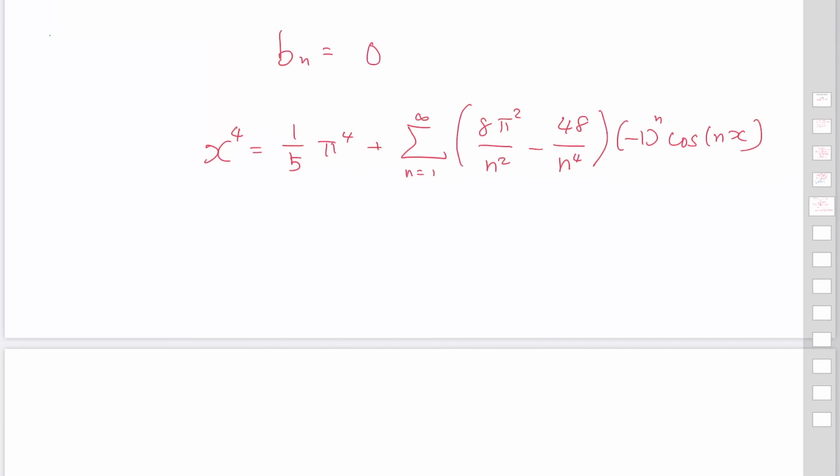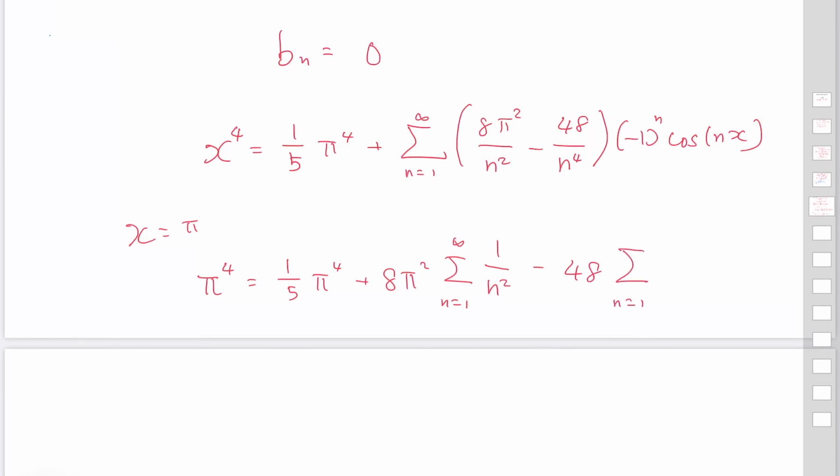Then you can substitute x equal pi. So the left side becomes pi to the fourth. This is 1 over 5 pi to the fourth plus 8 pi squared times the sum, n equal 1 to infinity, of 1 over n squared, minus 48 times the sum, n equal 1 to infinity, of 1 over n to the fourth.